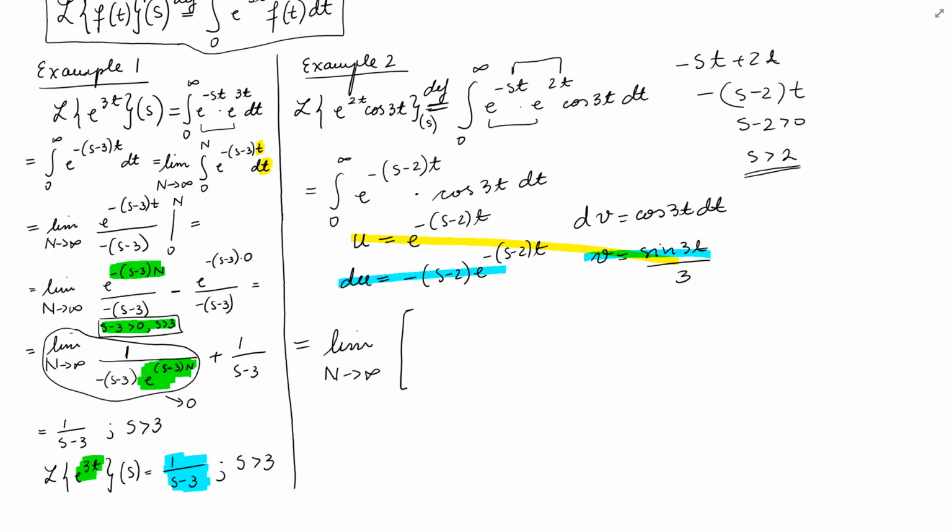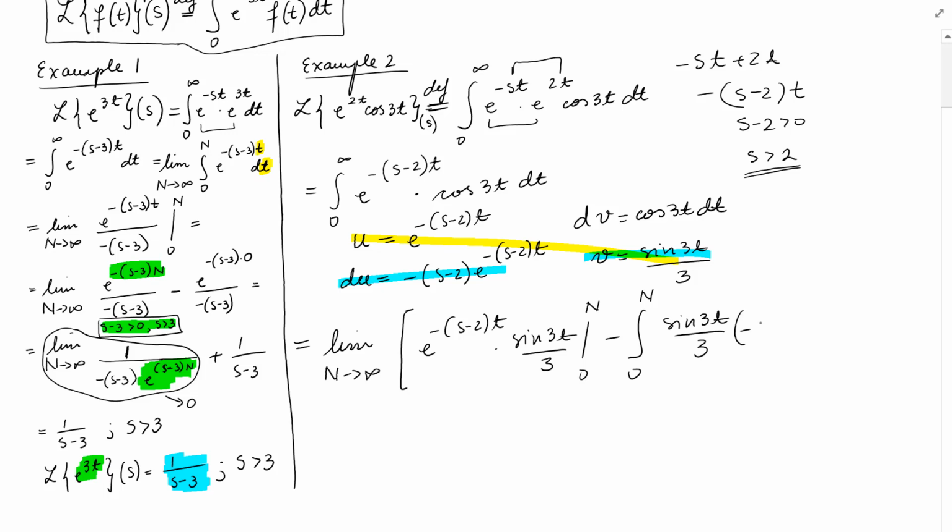So it's going to be uv, e to the negative (s minus 2)t times sine of 3t over 3 from 0 to n, minus the integral from 0 to n of v, which is sine of 3t over 3, times du, which is negative. So this is negative. I'm going to put this positive: (s minus 2) e to the negative (s minus 2)t dt.